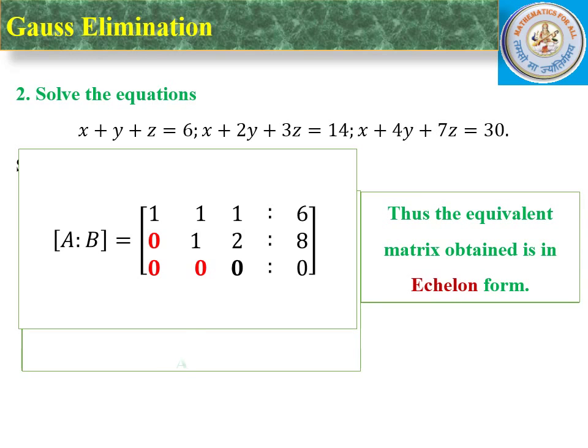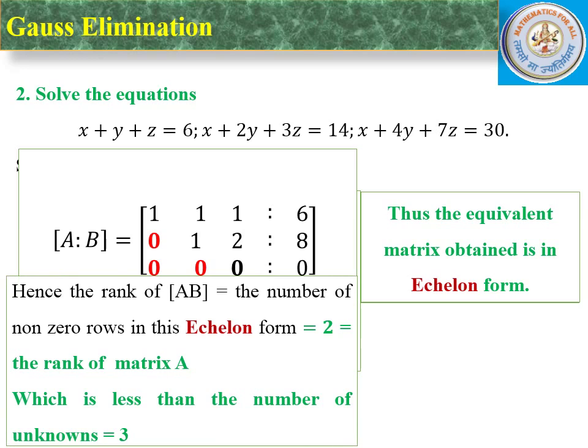So in this echelon form, the rank of AB is the number of non-zero rows, that is 2, and it is also the same for the coefficient matrix. So the rank of A is 2, the rank of AB is also 2, but as compared to the previous example, it is less than the number of unknowns, that is 3.